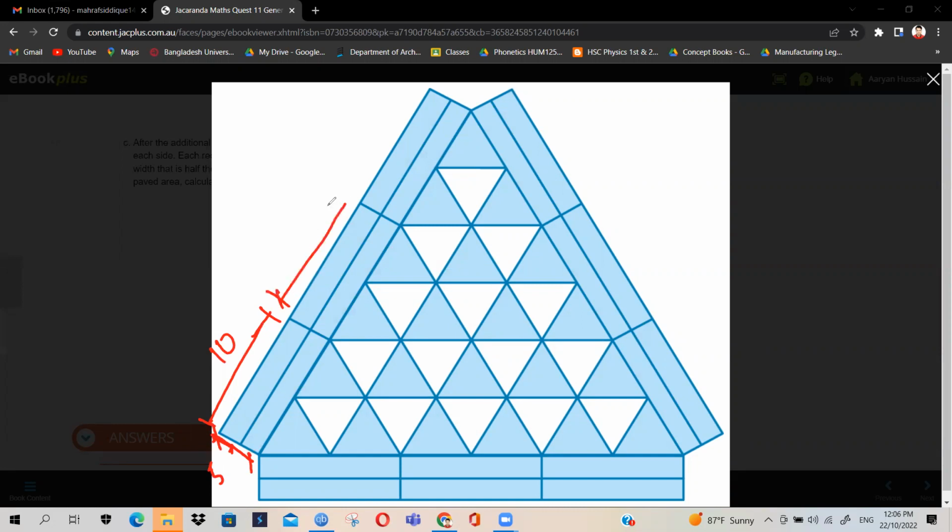It is also 10, and this is 5. So what would be the area of the whole rectangle? This whole rectangle. Tell me. 30 times 5, which would be 150. So 30 times 5, you are able to calculate it.